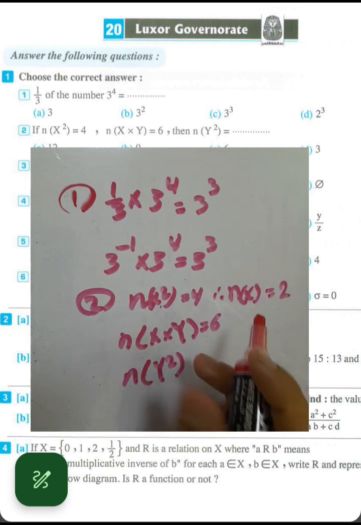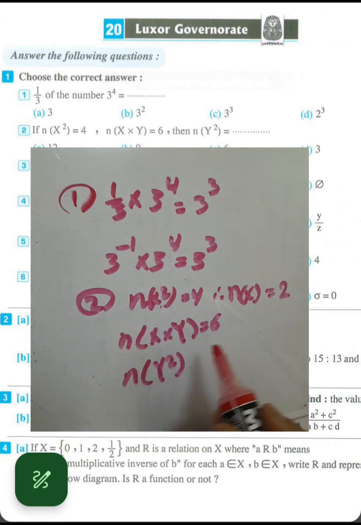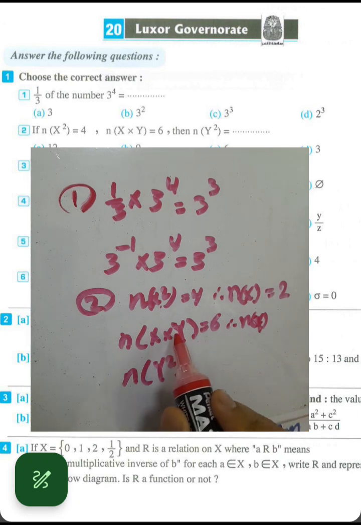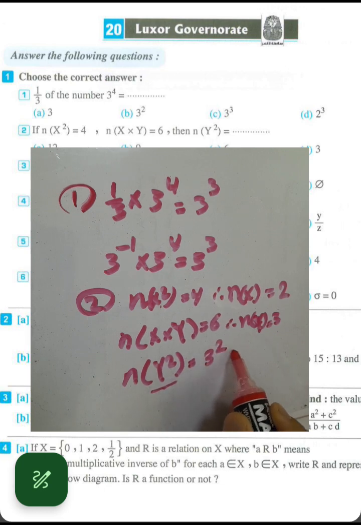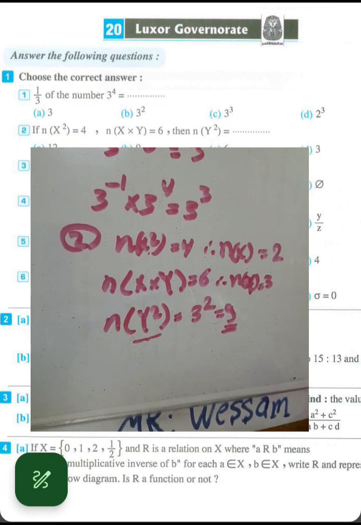And the order of the Cartesian product between x and y equals 6, then the number of elements of y will be 3, because 2 times 3 equals 6. Then the number of subsets of y will be 3 times itself, it will be 9. The result here will be 9. Okay.